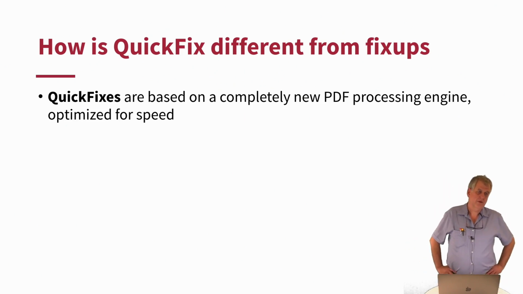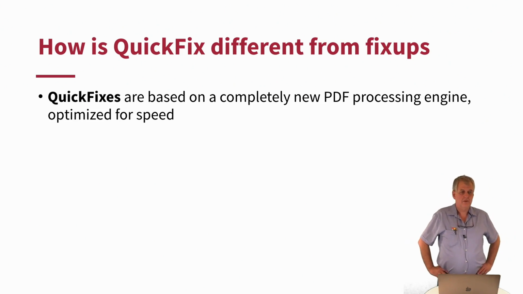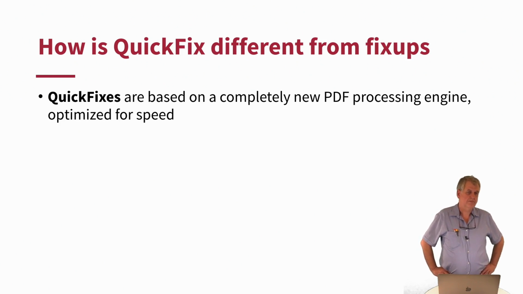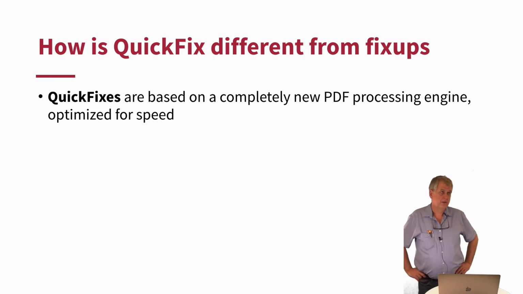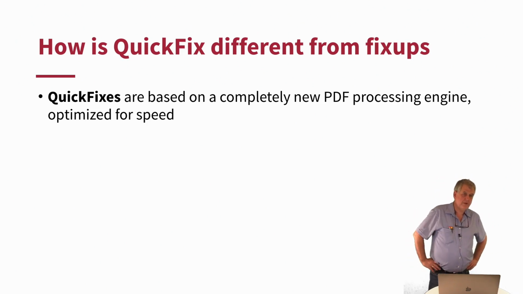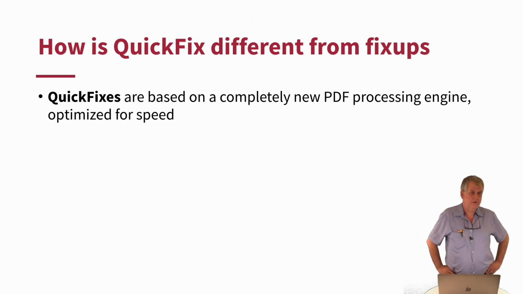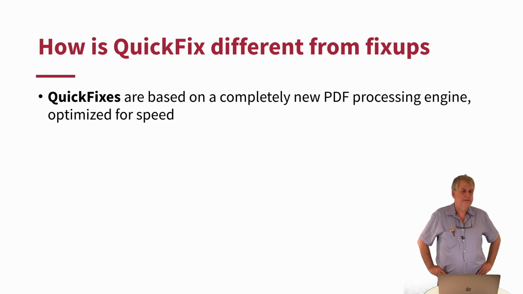It's not just that we took the fix-up engine and tried to optimize it and do certain things faster. We took a fresh approach and decided we had to redesign the whole thing from scratch. And it actually goes back already quite a bit of time. So it's based on a completely new PDF processing engine, some of which shares source code and functionality with QuickFix, which was introduced in the previous major update.